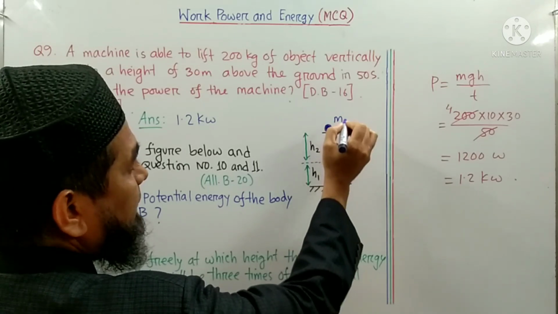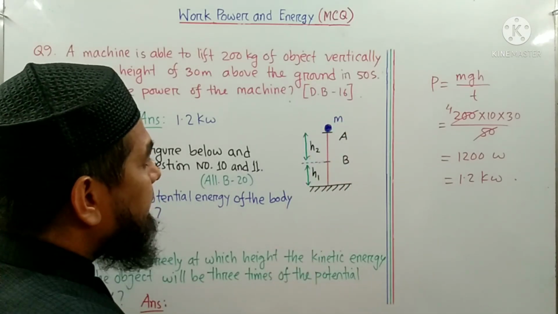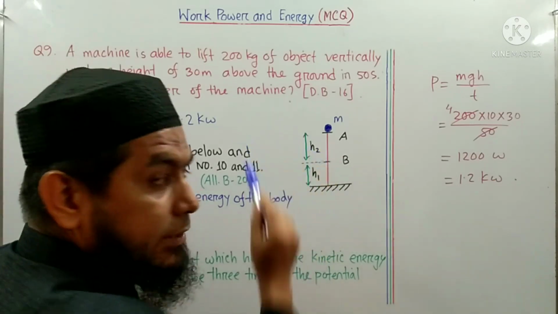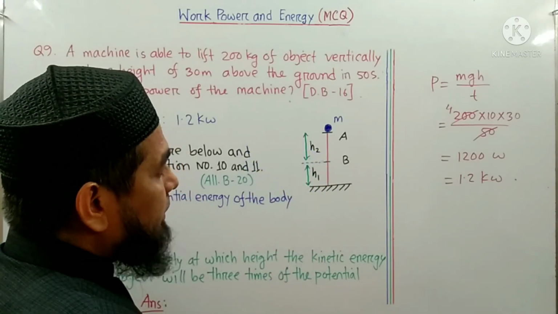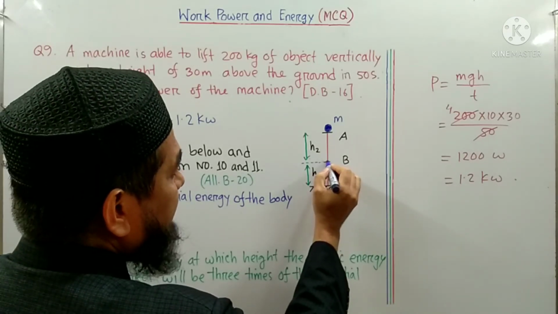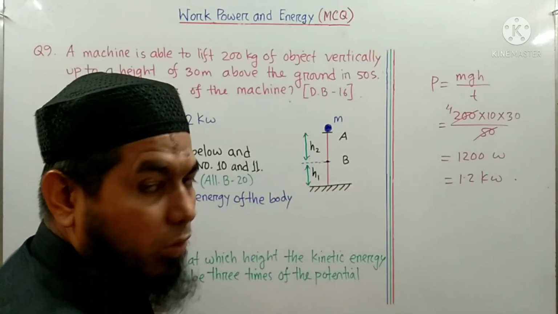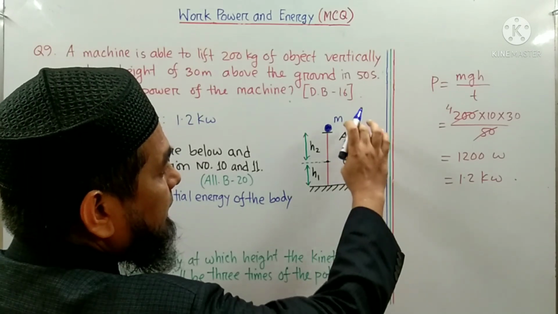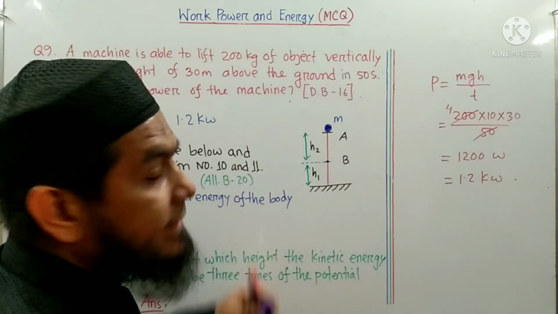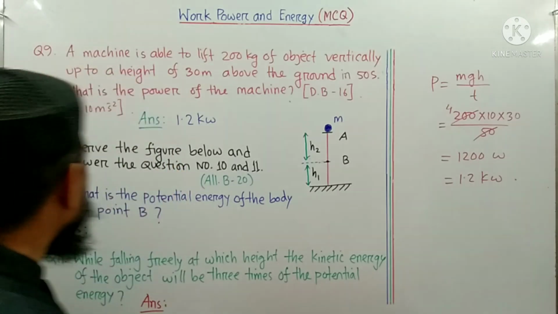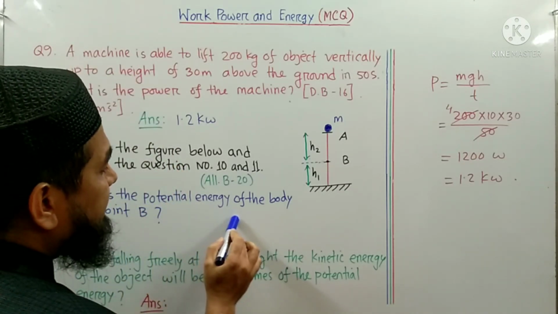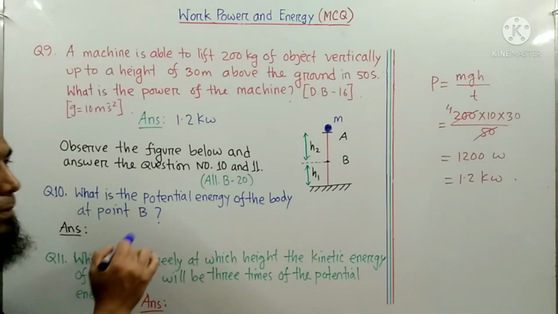If we consider the mass of the object m, its height is h1 plus h2, because at point B its height is h1 and AB its height is h2, so the total height is h1 plus h2. So first, question 10: what is the potential energy of the body at point B?